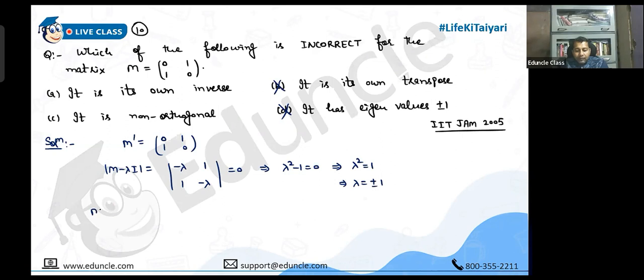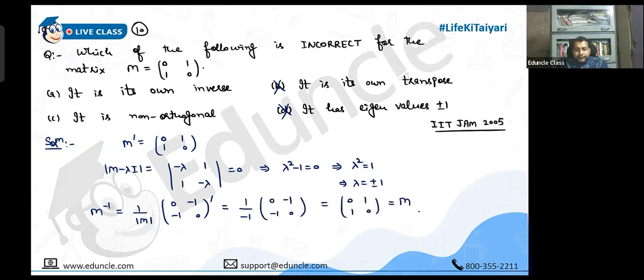Then you can go for the inverse also. The determinant is -1. I need to take the transpose also, but that will not make any difference. It is an orthogonal matrix, so this information is wrong.